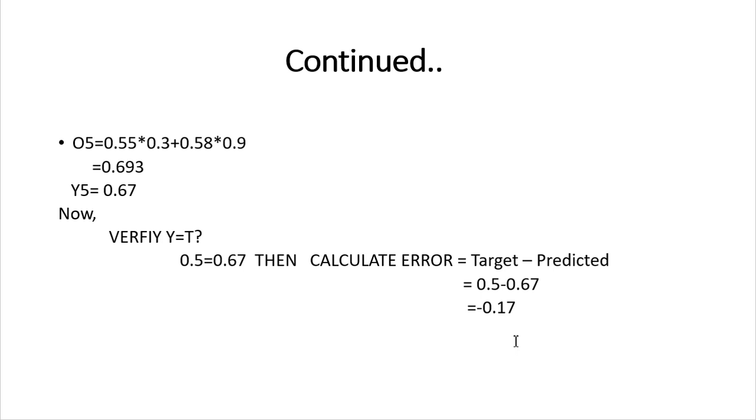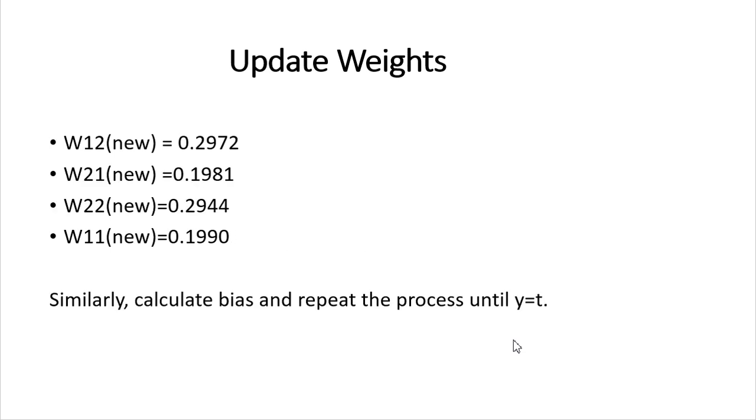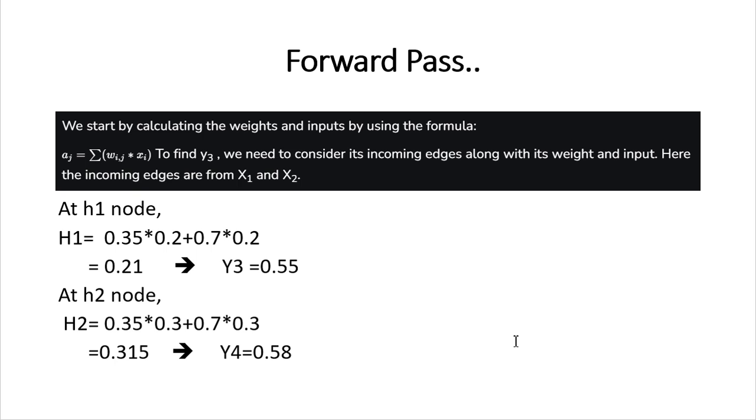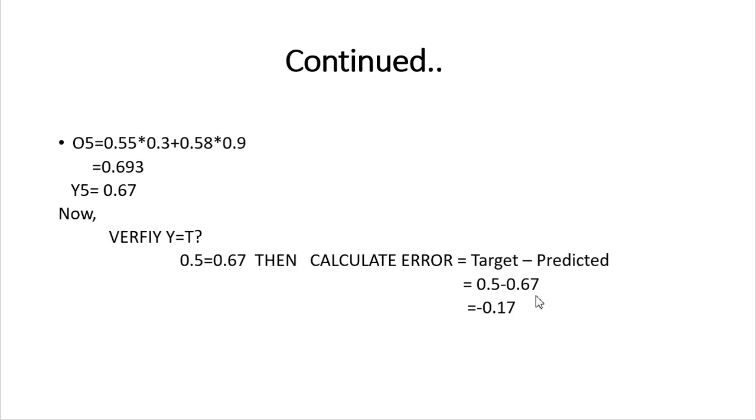If you are not satisfied, again we need to perform the backward propagation and update the weights. After updating the weights, we go for the third epoch, where we again do the forward pass and check. If the error is reduced and you are satisfied, then we can stop the training. Otherwise it will continue until the loss is reduced. So this is the concept of back propagation.